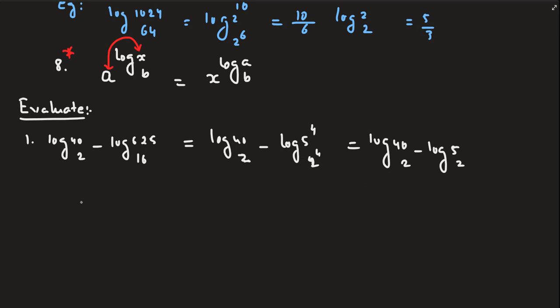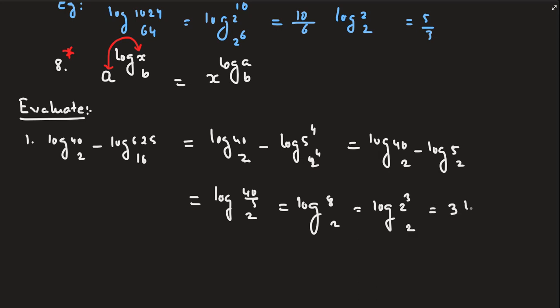So this will actually be, applying log m minus log n, log of 40 by 5 with base 2. So log 8 base 2, that is log 2 power 3 base 2, that is 3 times log 2 base 2, so the answer is 3.